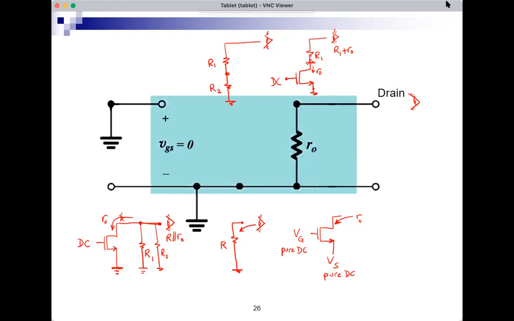So it's measuring R1 with whatever comes after it in series. What comes after it? Well, I have the I here. So now I have a smaller ohmmeter looking into the drain of the MOSFET with DC at the gate and DC at the source. So it will see small RO. So the big I is seeing R1 plus whatever is after it, which is what the small I is seeing, which is small RO. So R1 plus small RO.